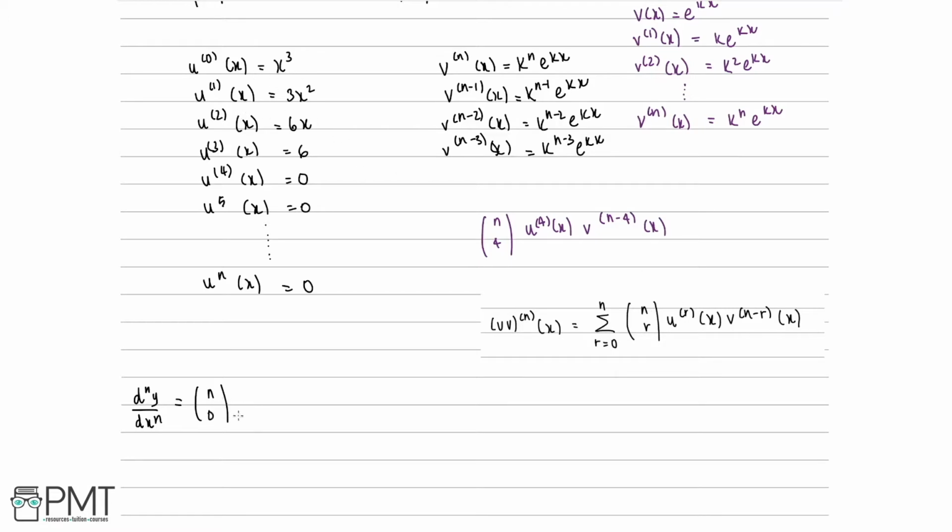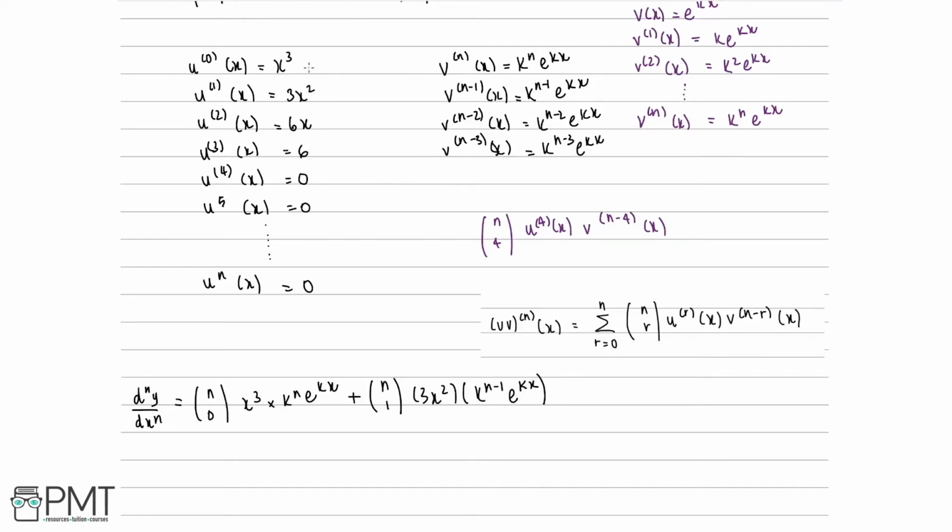So n choose 0 multiplied by x cubed multiplied by the n minus r derivative of v, which would just be the nth derivative of v, which would be k^n times e to the power of kx, plus n choose 1 multiplied by the first derivative of u, which is 3x squared, multiplied by k to the power of n minus 1 e to the kx.